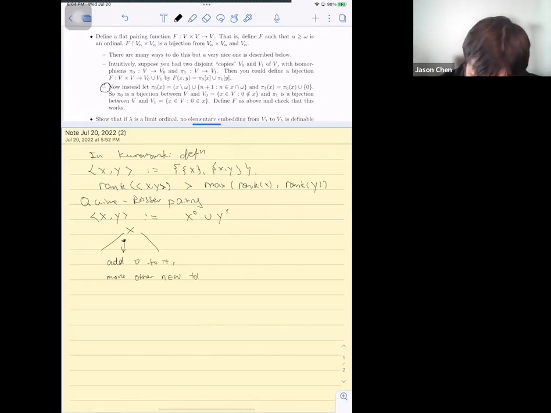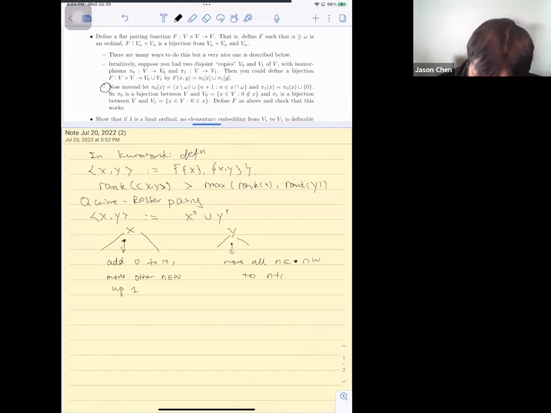Right, and then for Y, for any element in Y, you just move all the natural numbers n in this element to n plus 1.